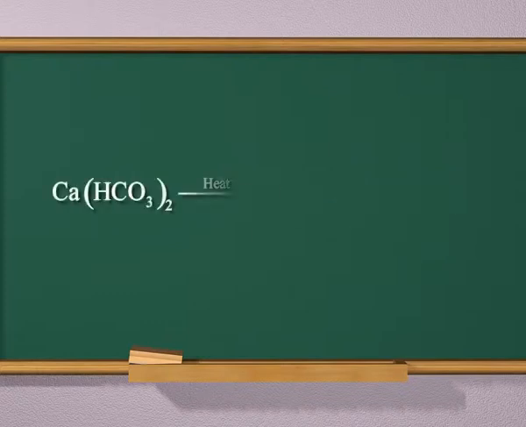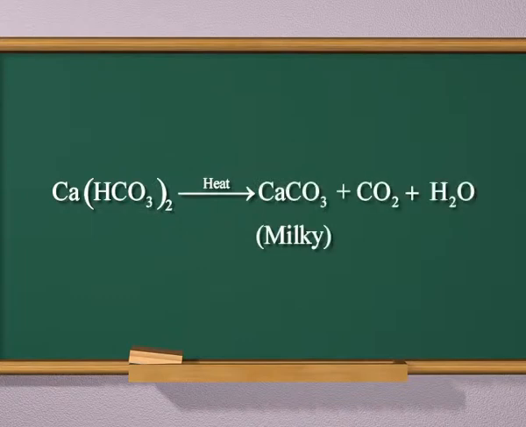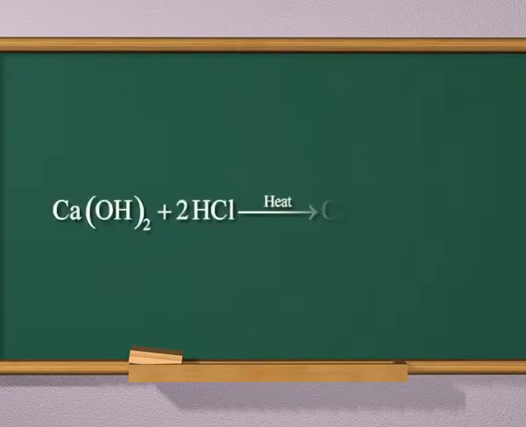In case the solution of calcium hydrogen carbonate is heated, the reaction becomes reversible and milkiness again reappears due to formation of calcium carbonate. Carbon dioxide and water are also formed. Calcium hydroxide dissolves in dilute hydrochloric acid and gives soluble calcium chloride and water.